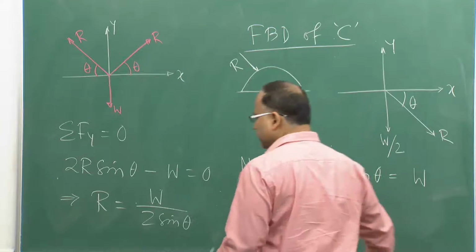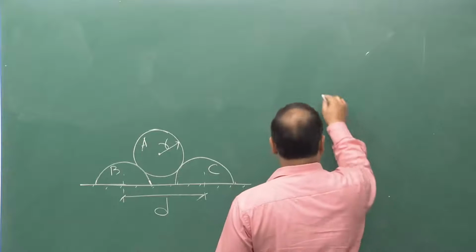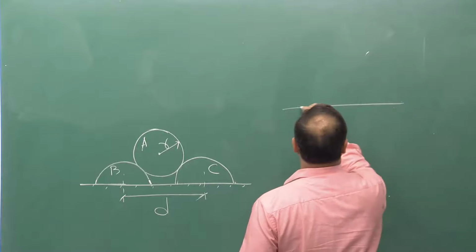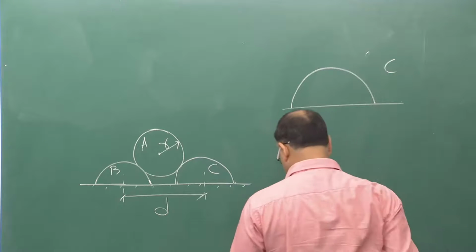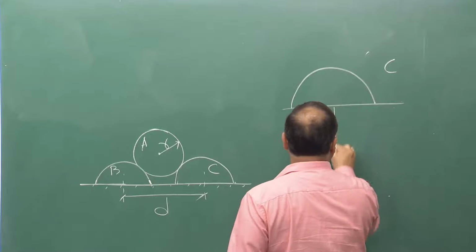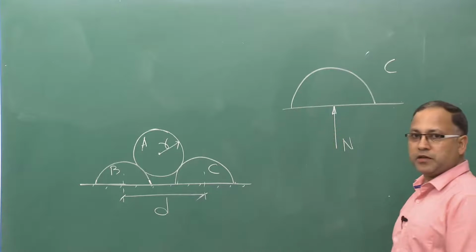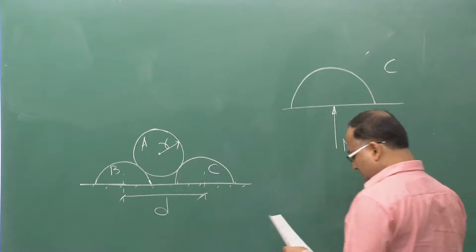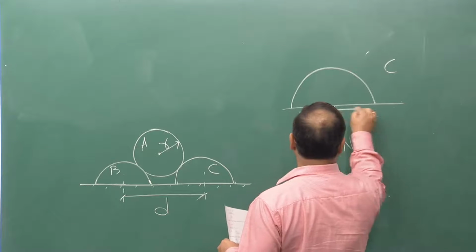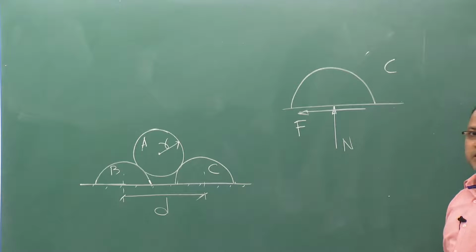Okay. So, now if you look at, this is the cylinder C, say. This is the normal force acting. Now, I am drawing the free body diagram. This is the normal force acting on the cylinder, and you have the frictional force which will be getting developed here.